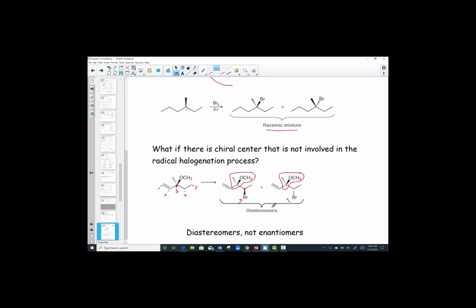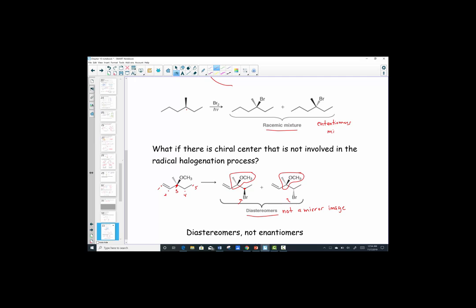And if the bromine then adds as both a dash and a wedge, these are not enantiomers. They are not mirror images of one another, but they're called diastereomers. In other words, they're not the same. So not a mirror image at all. Kind of like a cis-trans. They're stereoisomers, but not a mirror image. Whereas these are mirror images, these are called enantiomers.